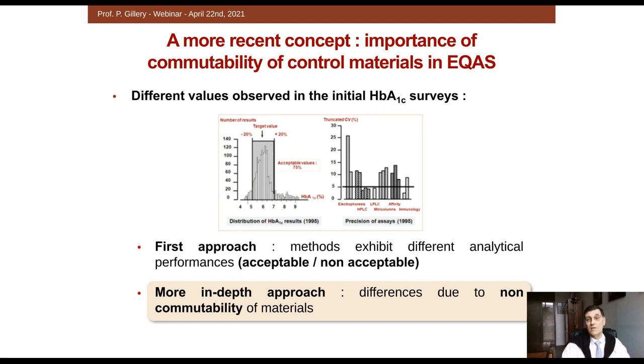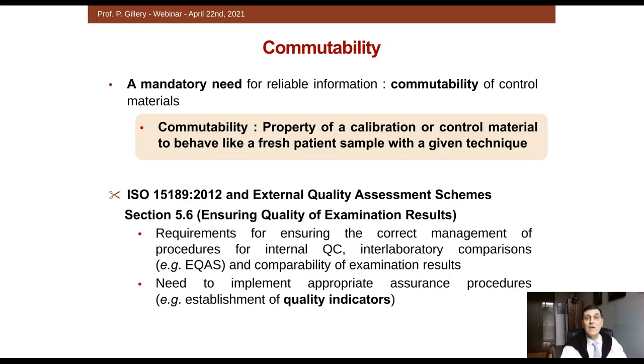When we considered these results in the first approach, the conclusion was, of course, that methods exhibited different analytical performances and that some of them were acceptable and others not acceptable. But if we have a more in-depth approach, we can suspect that some differences were also due to the non-commutability of the materials used.